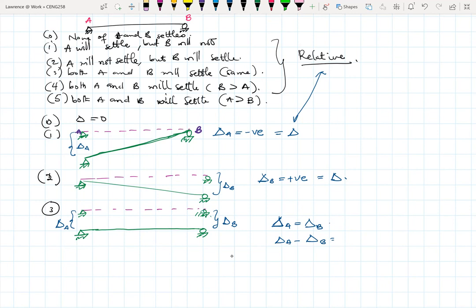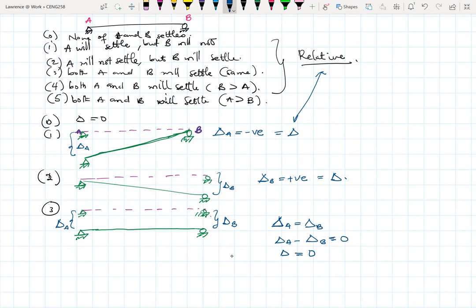So let me put a delta here. Because the difference between them is 0, the relative displacement that we are looking at, delta here, will also be 0, because in terms of relativity, there's no difference between the two of them.